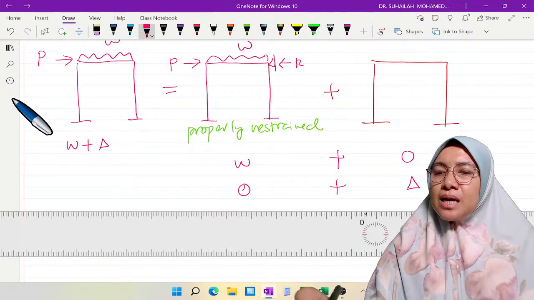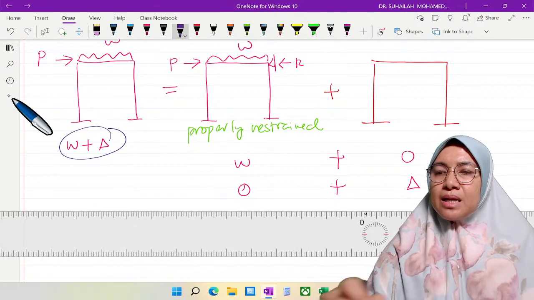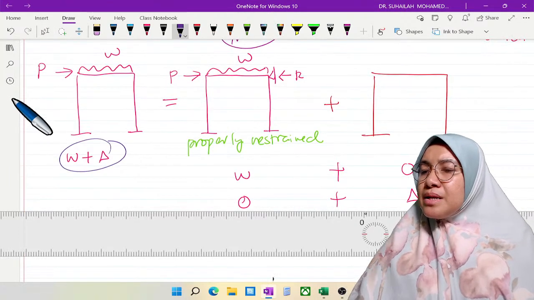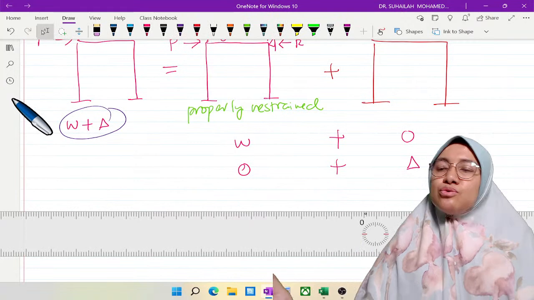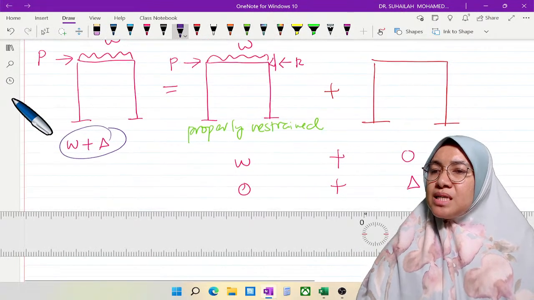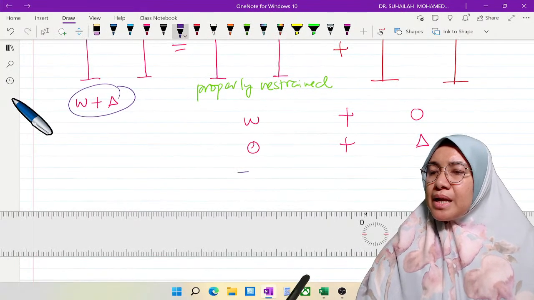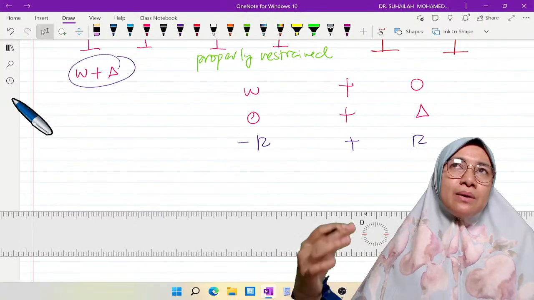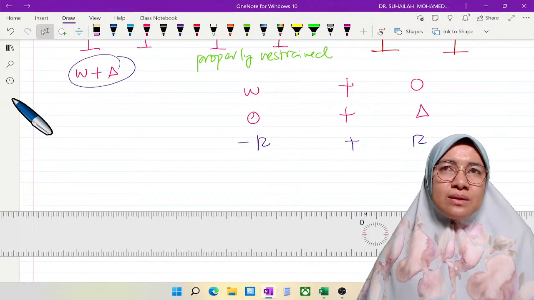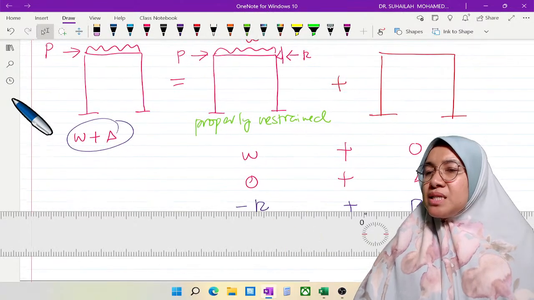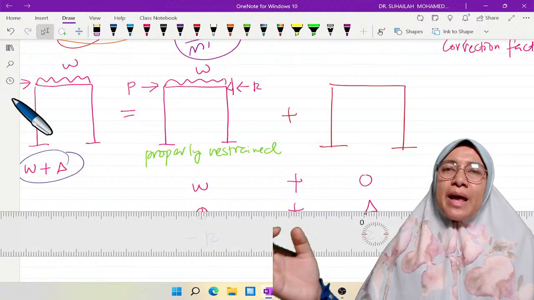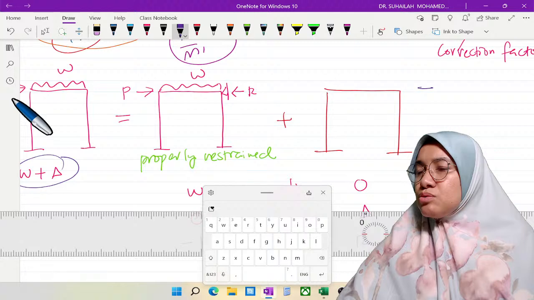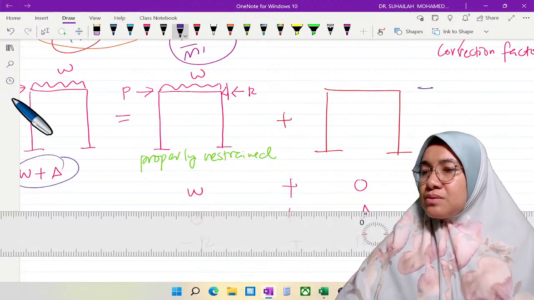So we get back the original one. Where does delta come from? It comes from R, because here we have negative R, so we add R. We know that positive R means right direction and negative R means left direction. So to make this frame a sidesway frame, it will be subjected to R in the right direction. That is the meaning.